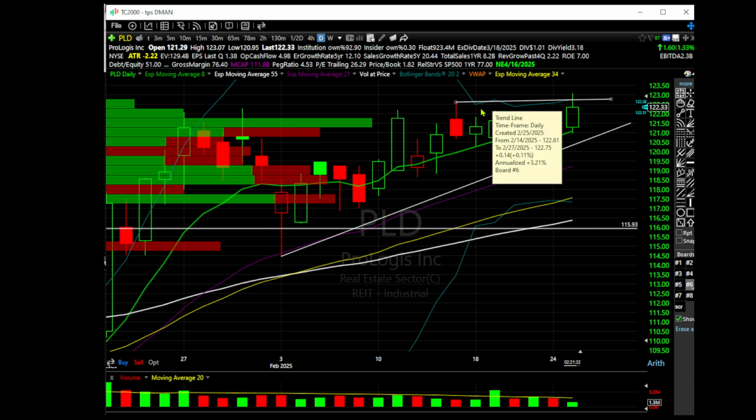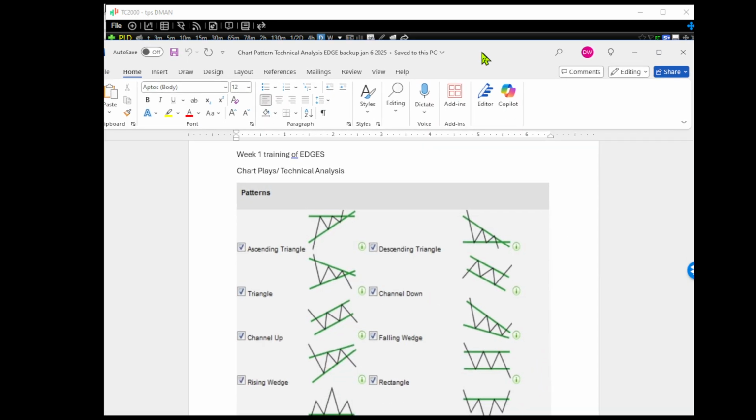Well, what's supposed to happen when you break out of these? Well, according to technical analysis, you're supposed to go up, right? We broke. Go. This is why I tell you, hey, when we break out, we got to go, right?